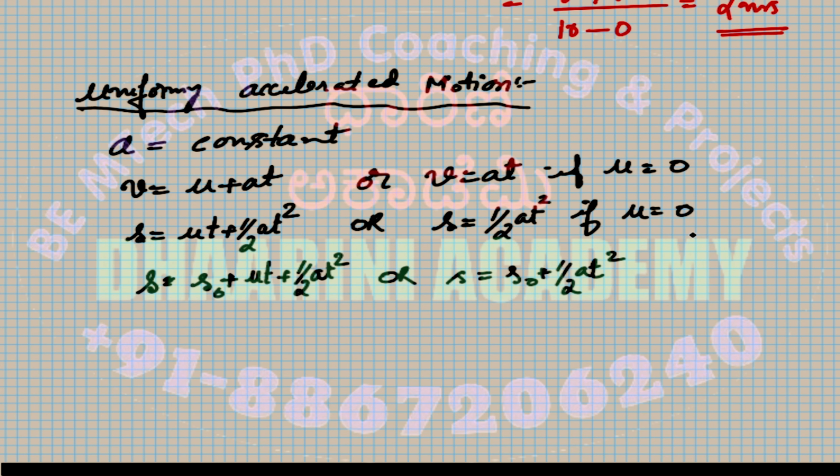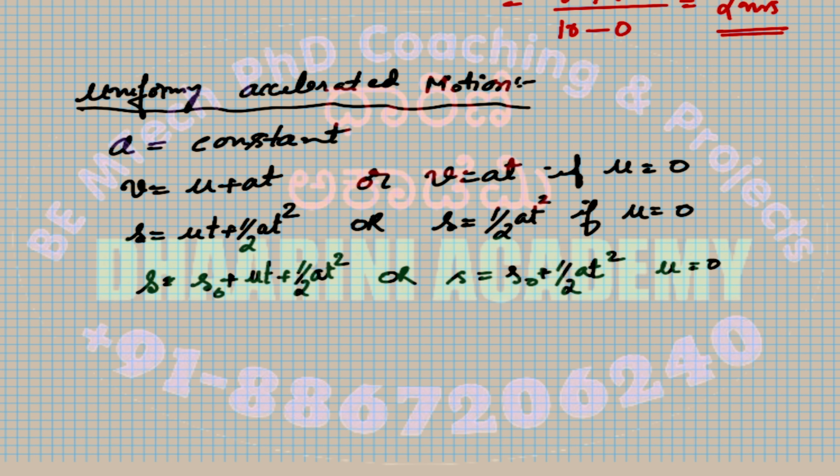This is when u is 0 and S naught is not 0, right? For the second case. So this is when u is equal to 0. So these are the equations which we can consider.